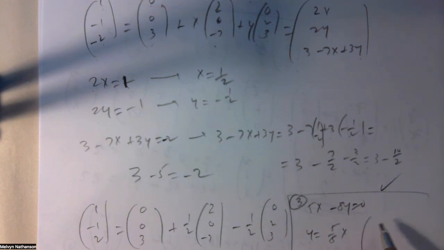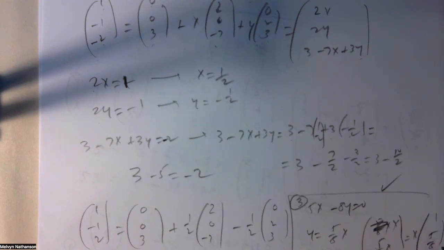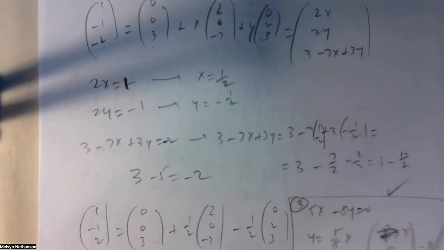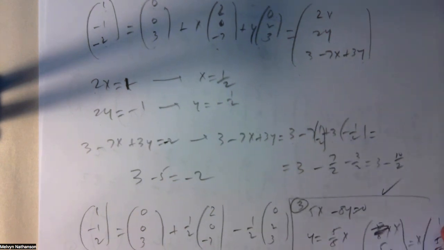So the solution space is everything of the form (x, 5/8 x). So that's all scalar multiples of the vector (1, 5/8). So the solution space is all scalar multiples of this vector. That's all it is. And that is absolutely everything that was in homework 3.